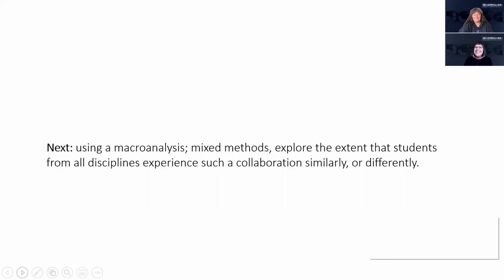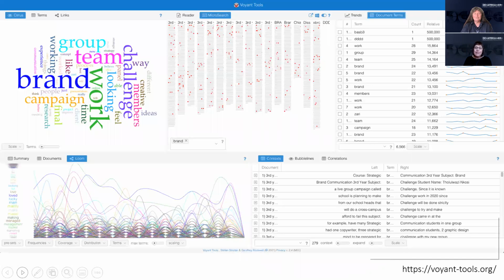Thank you, Franci. Right, so our next phase we're very excited about. We're going to use a mixed methods macro analysis, also an online tool, but this one is AI powered, to explore the extent that students from the whole population would experience this specific project.